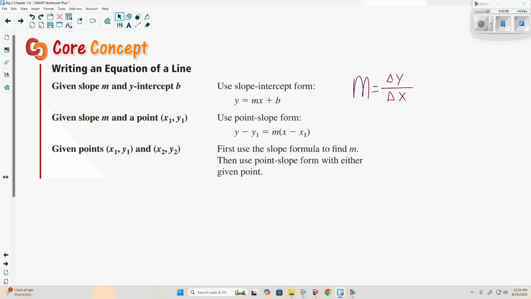If you want to use either one of those pencils next to it, go for it. If it's not sharpening. Delta y over delta x.